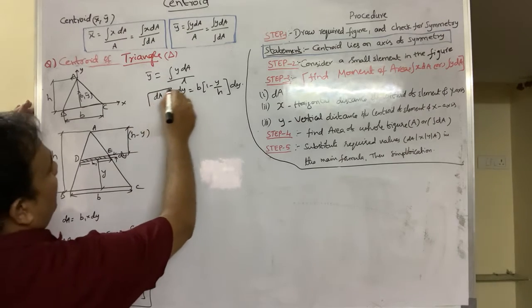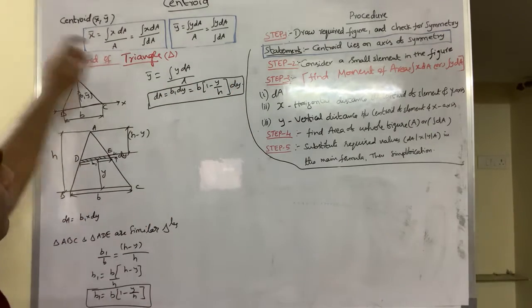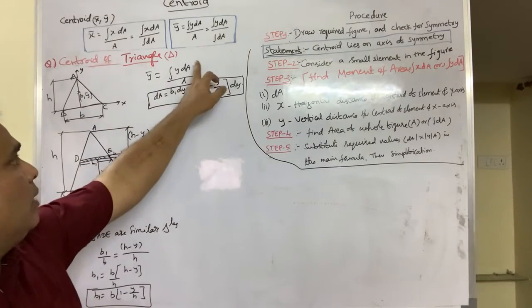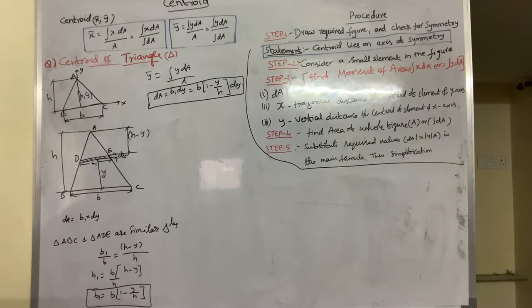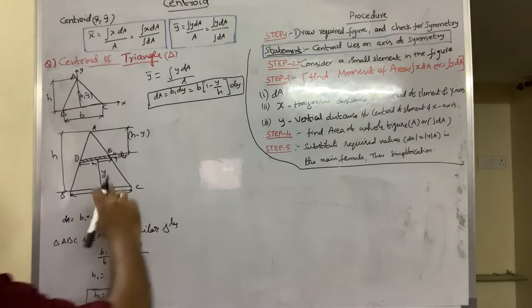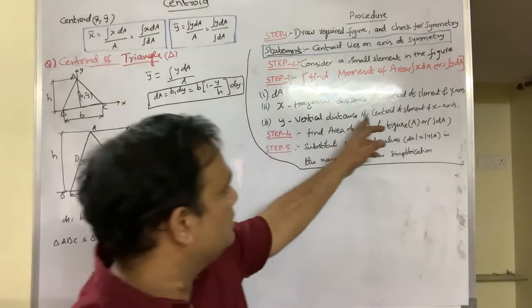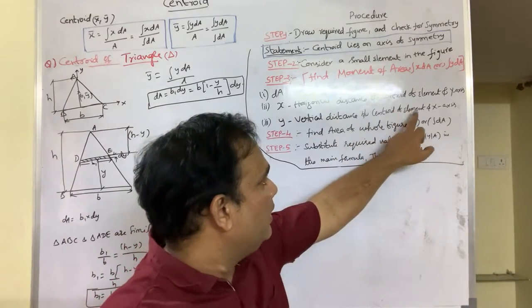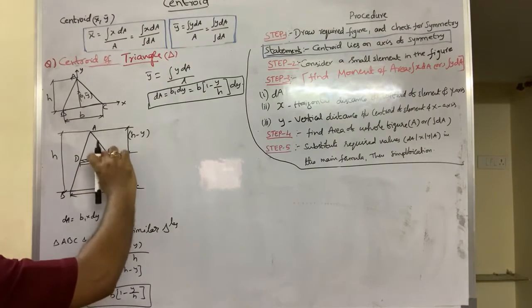So this is the value of dA. The remaining two are y and A. What is y? y means the vertical distance between the centroid of the element and the x-axis.